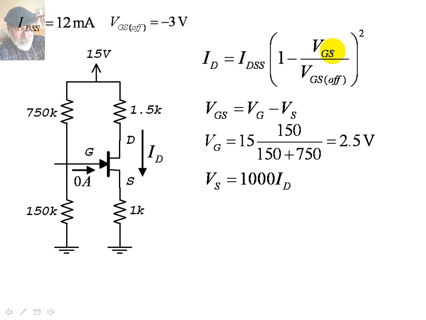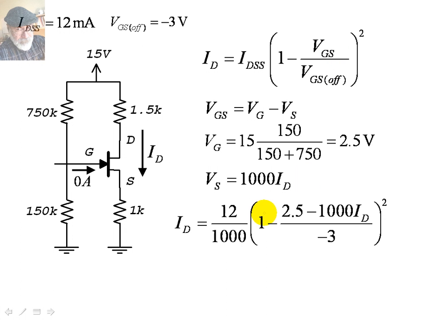If I substitute that here in this expression, I can write it again. IDSS is 12 milliamps. I'm going to write that with integers like that. Multiplies 1 minus VGS, that is 2.5 minus 1,000 ID, divided by VGS pinch-off, negative 3 volts, down here, all squared.